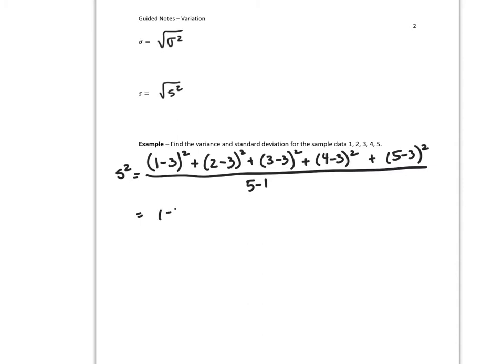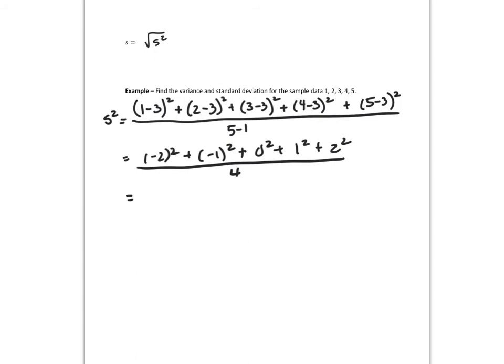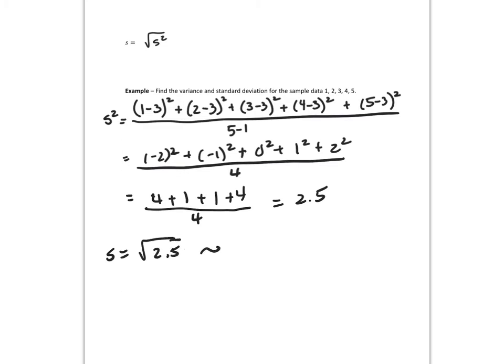So that's negative 2 squared plus negative 1 squared plus 0 squared plus 1 squared plus 2 squared, divided by 5 minus 1, which is 4. If you square those, 4 plus 1 plus 1 plus 4, all over 4, you end up getting 2.5. So the standard deviation, which is s, would be the square root of 2.5, and that gives me approximately 1.5811.